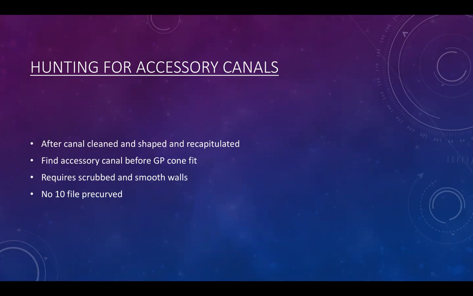And we gently try to find the accessory canals and hand file it until we could create it larger, where the irrigation solution could go, and where the sealer or the gutta percha could enter to prevent any reinfection or leakage in the root canal system. Many of the times, if the accessory canals are large, they could actually be cleaned up to number 20 files.